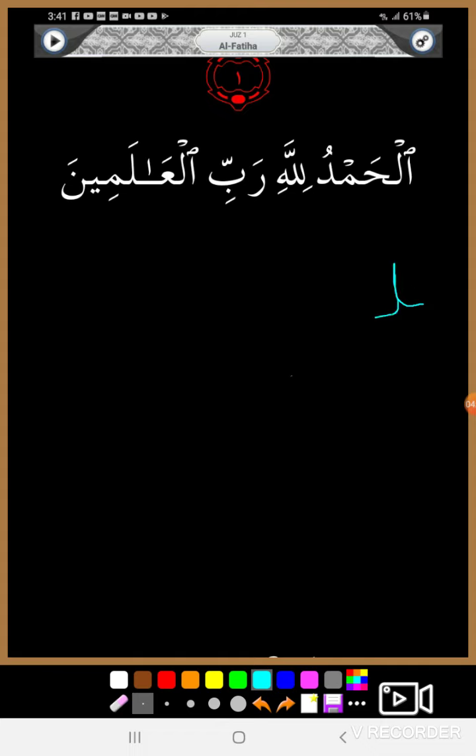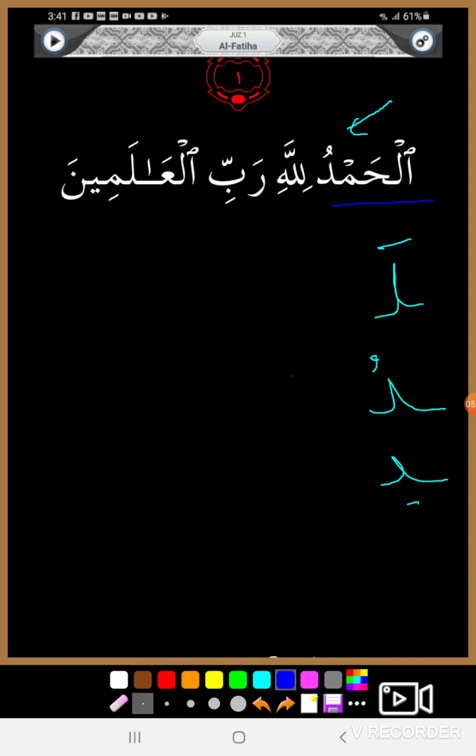Now this is one way to write what we call D. This would be da, do, and D. So here, as you can see, we have a U. Alhamdu. So we already get our first word here, alhamdu, because we know all the letters: Alif, lam, ha, m, and d, alhamdu.